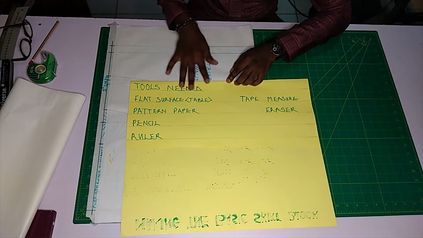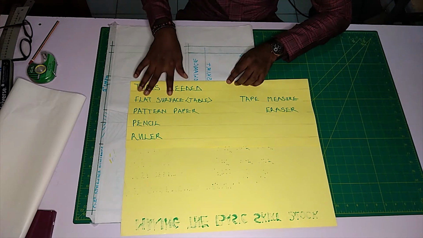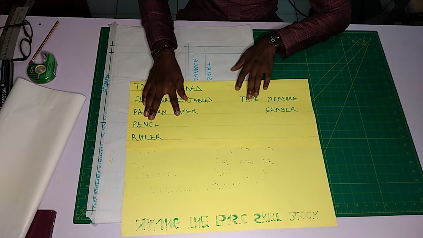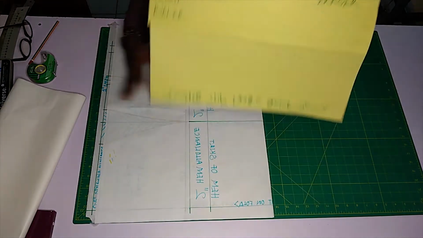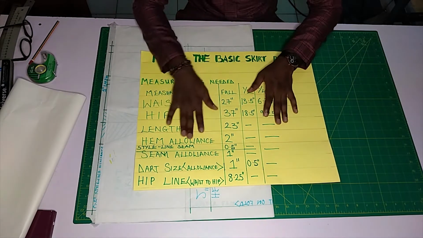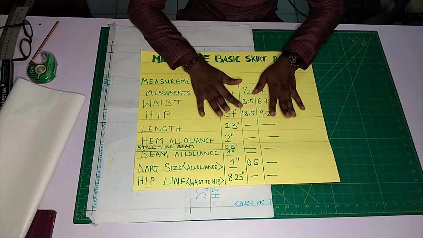So the tools that you will be needing to join the class are: you need a flat surface, you need the pattern paper, you need the pencil, you need the ruler, tape measure, eraser, and most importantly, you need your measurements. Now I am using a size 10 of the Ellen Joseph Armstrong size chart.